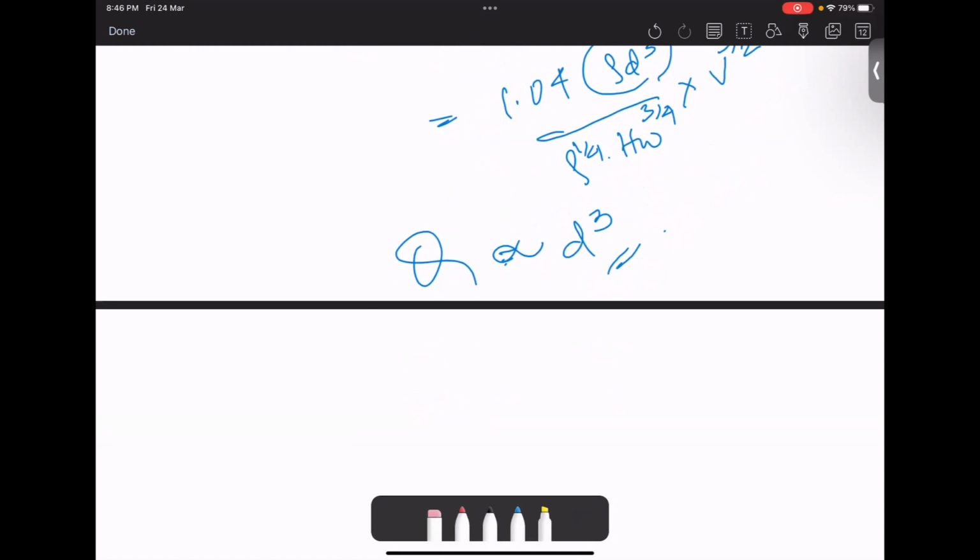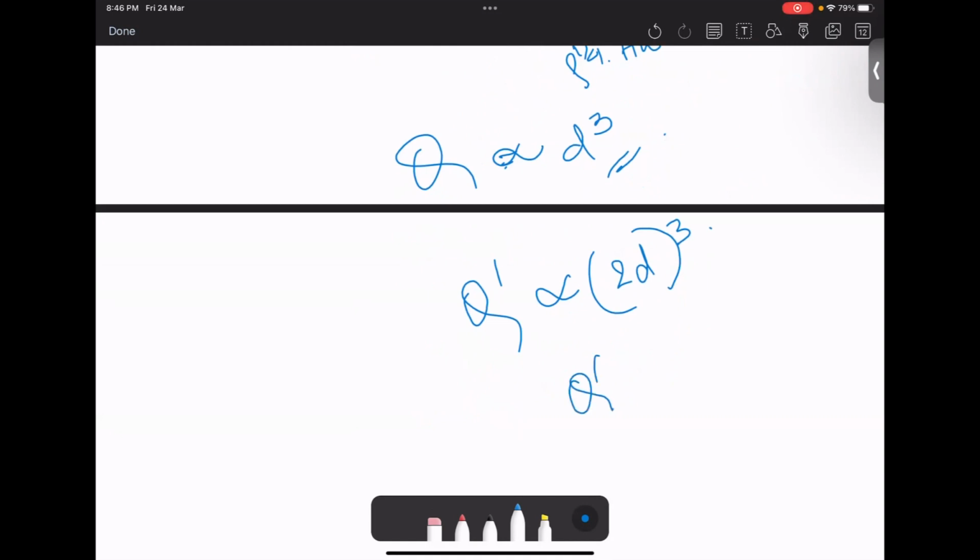So the question asked that if the dia is doubled, what is the effect on Q? Right. If the dia is doubled, you find that Q dash becomes 8 times Q, right? So the MRR becomes 8 times the original MRR, right?